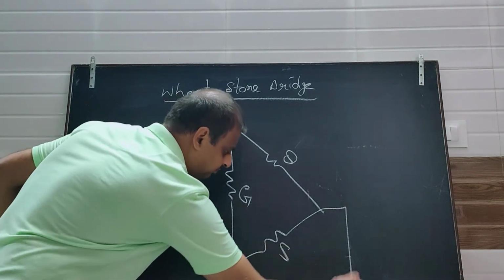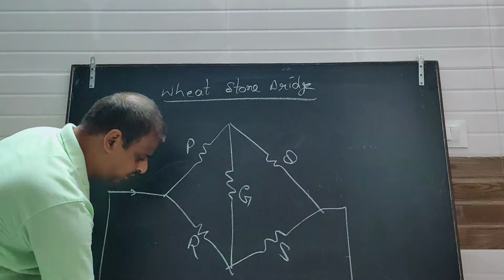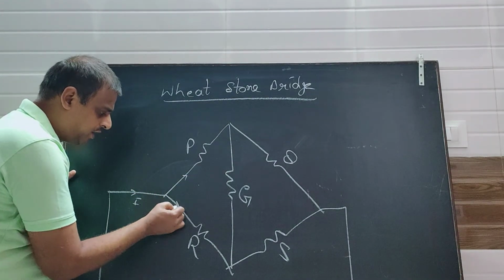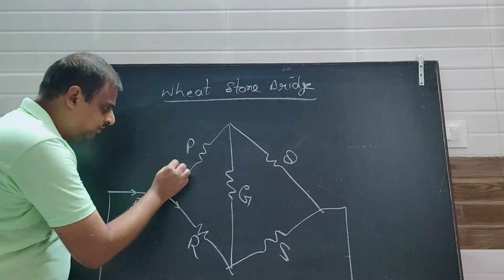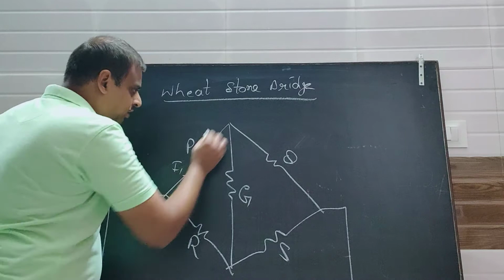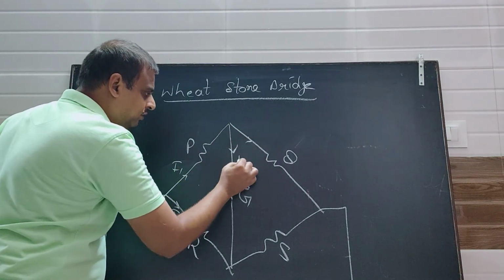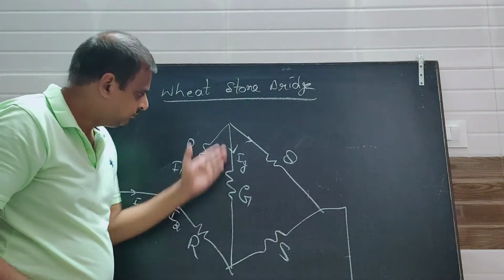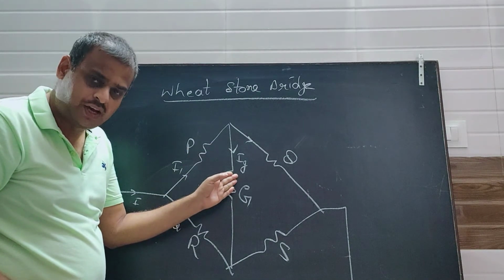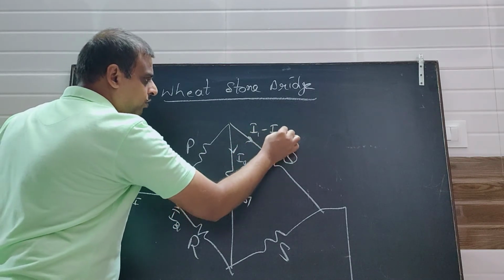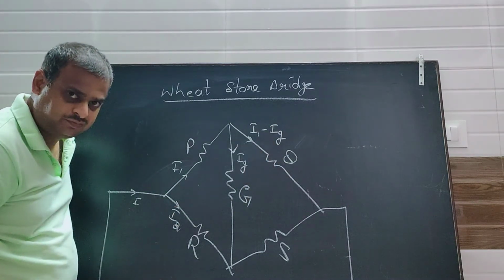Let us say current I is flowing. Let us divide this current I here using Kirchhoff's current law. Let us say this is I1 and this is I2. This I1 again gets divided. The galvanometer draws its own current Ig, and the remaining current will pass from this branch.